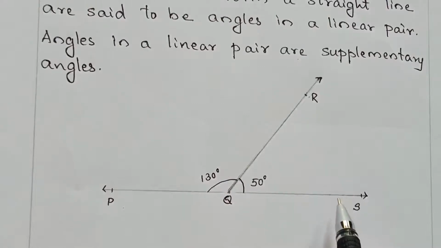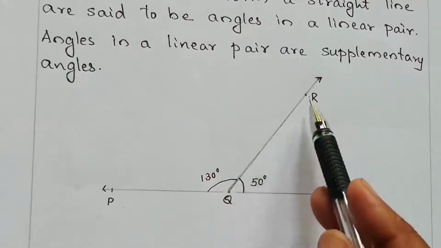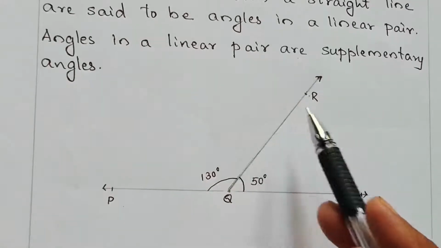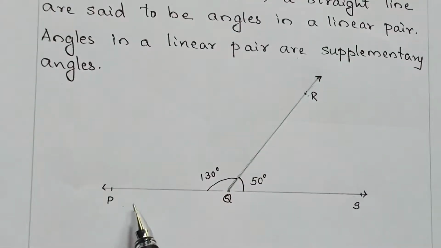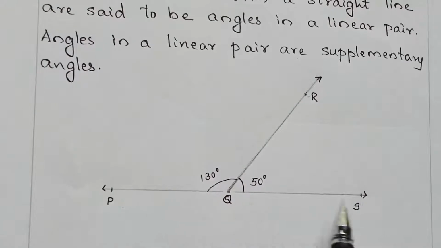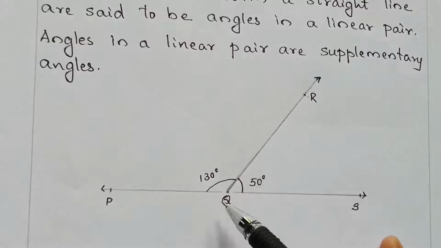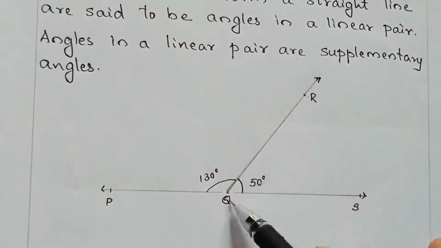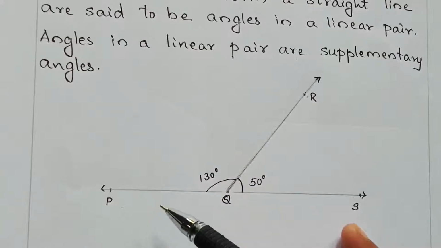Now what are angles forming a linear pair? They must have a common arm. So QR is the common arm and the other arms, that is QS and QP, should form a straight line. They are forming a straight line. So here you can say that angle RQS and RQP are angles in a linear pair.